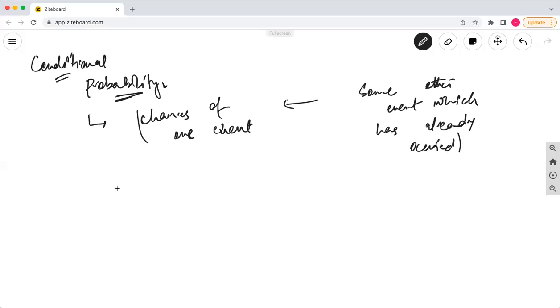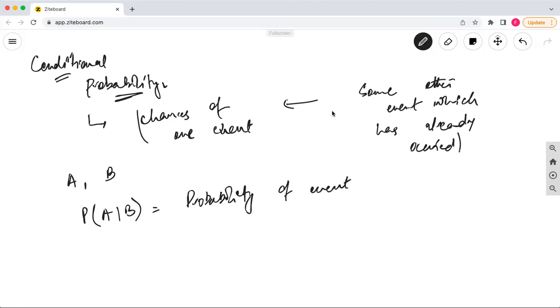And usually this is represented, for example, if I take the two events A and B, and I represent this with A/B, that means the probability of event A given that event B has already occurred.